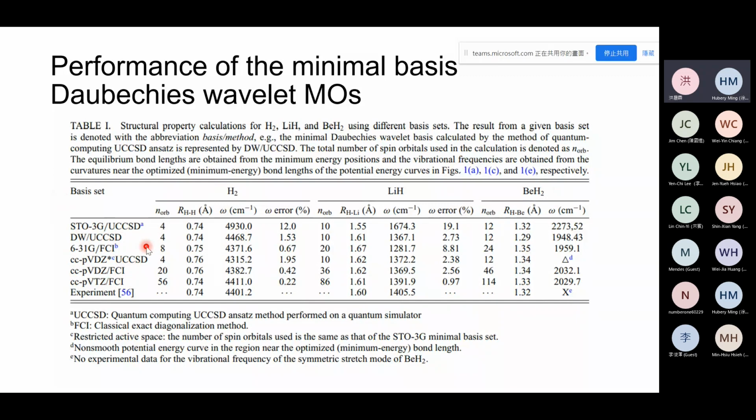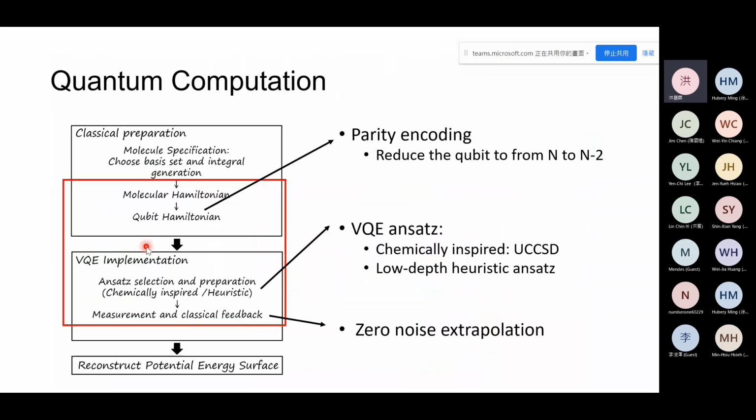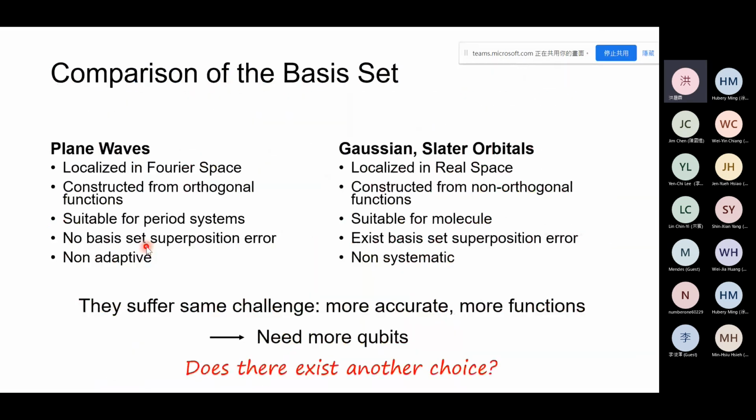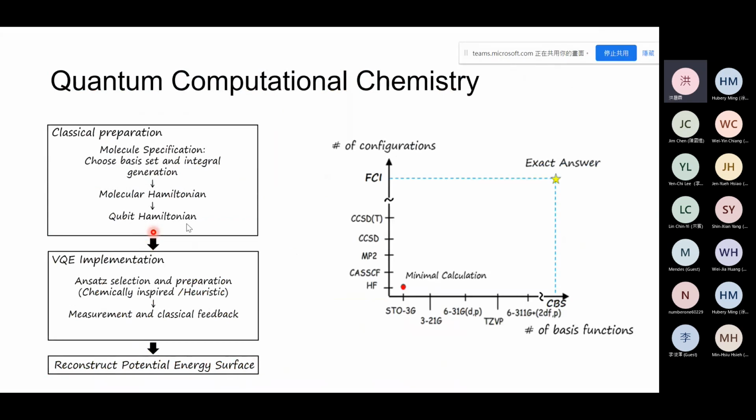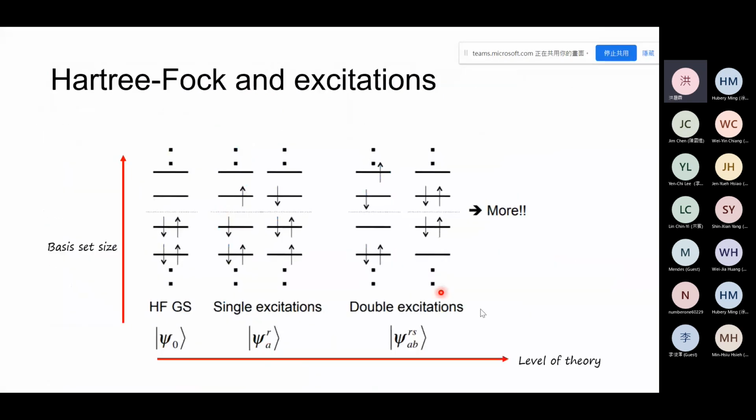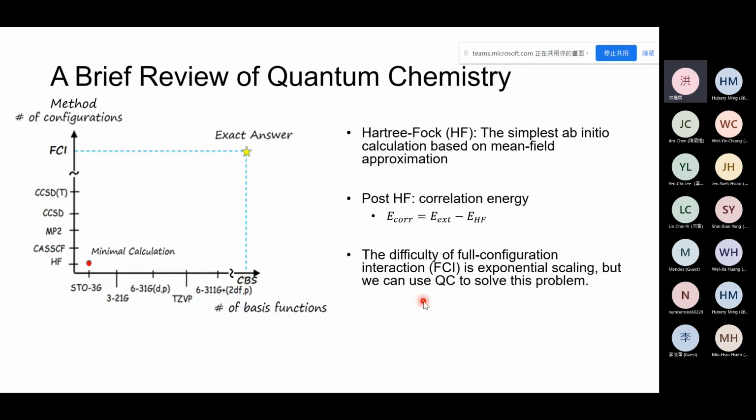So in principle, if you use the full CI, it can be better, right? But why do we need quantum computers for complex molecules? If we want to do a full CI, we need to incorporate all excitations, but this is exponential scaling.